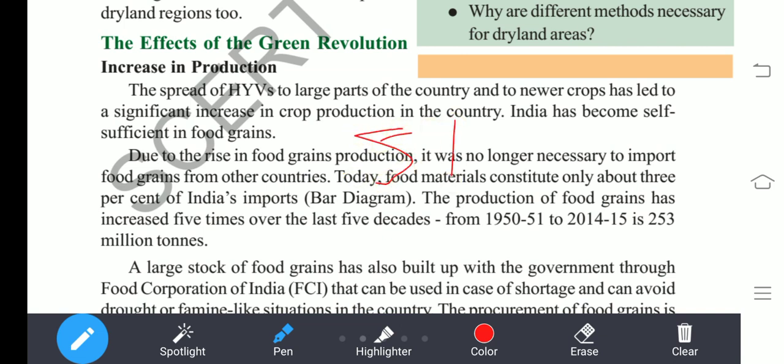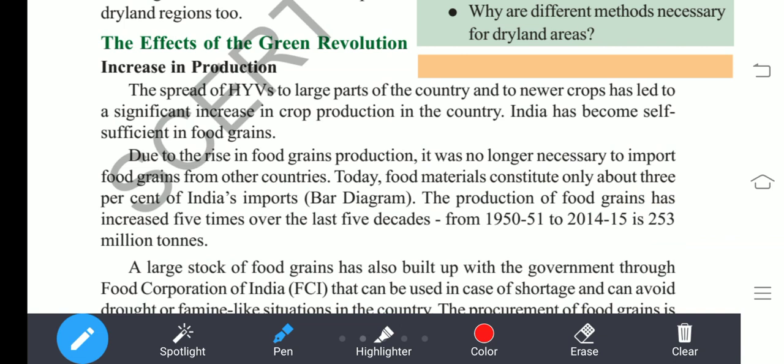It was 51 million tons in 1950-51, and by 2014-15 it increased to 253 million tons. So there is a 5 times increase in food grain production with the green revolution. These are the positive signs of the green revolution.